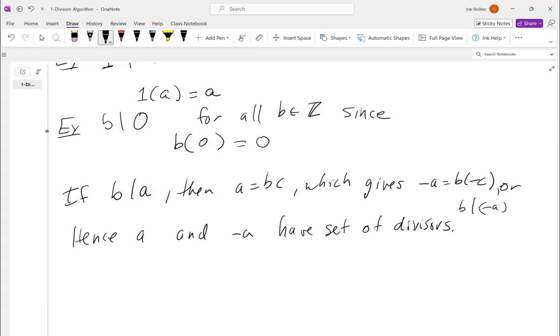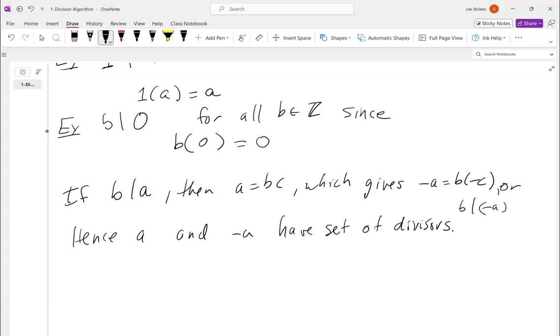It's also why 1 is not a prime. In particular, if 1 were a prime, you wouldn't get unique factorization because 1 is the same thing as 1 times 1, which is the same thing as 1 times 1 times 1. I have multiple factorizations.